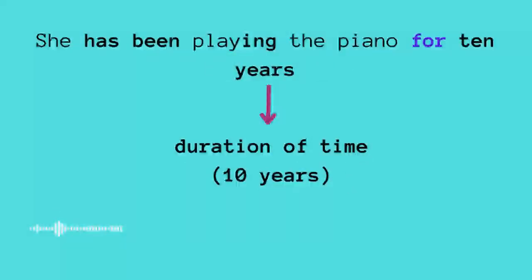Alright, another example, she has been playing the piano for 10 years. So with the use of for, we are focusing on the duration of time, which is 10 years. But do we know when she started playing the piano? No, we don't know. We only know she has been playing for 10 years.